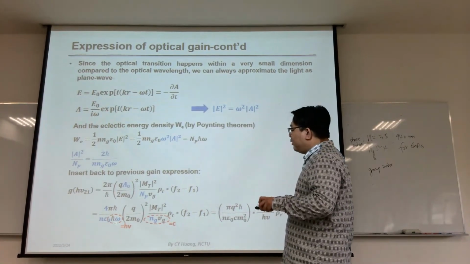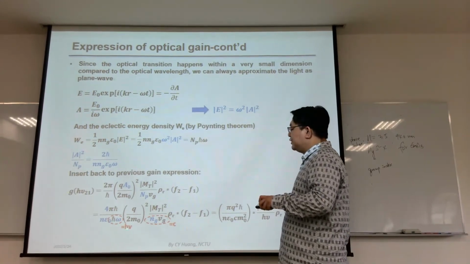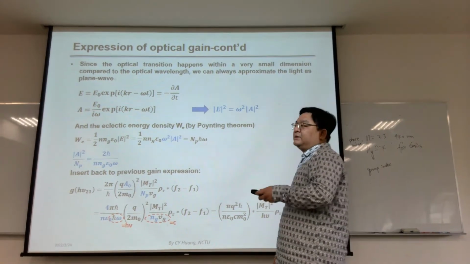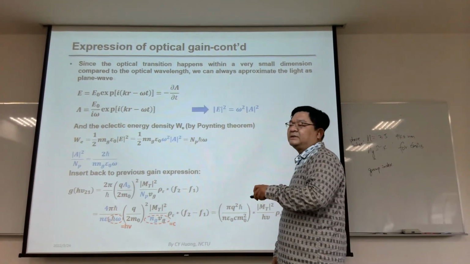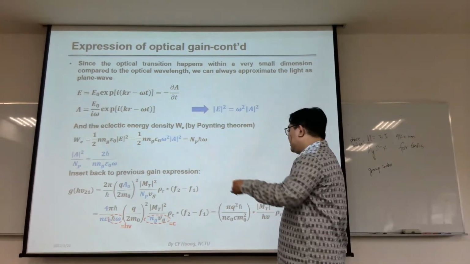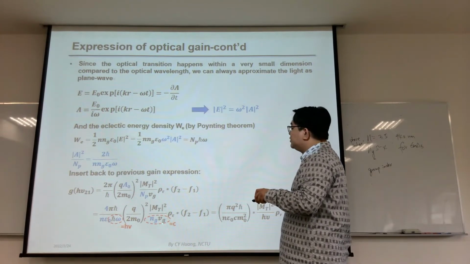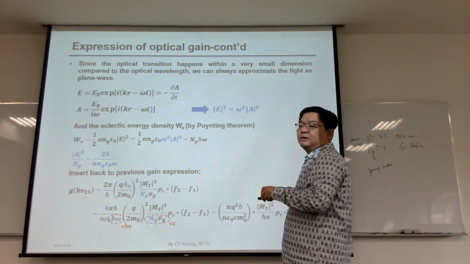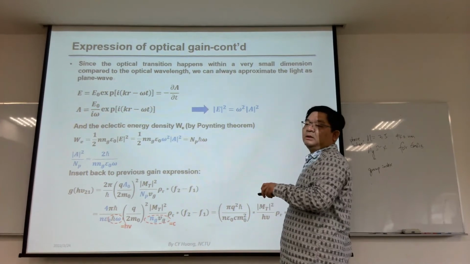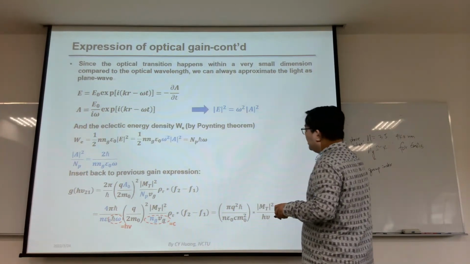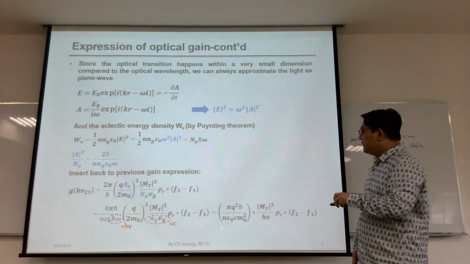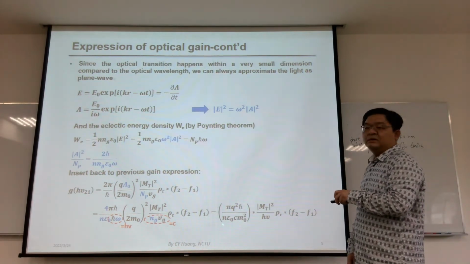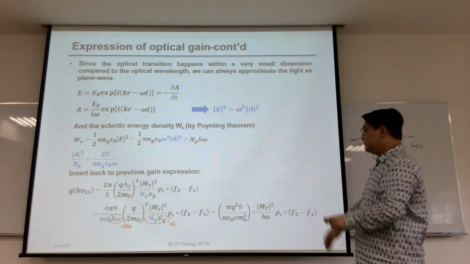Then this h bar omega can be written as h nu. This is just one common constant times the frequency. And n_g times v_g is the speed of light, still a constant. Then we can put all the constants in the big bracket.